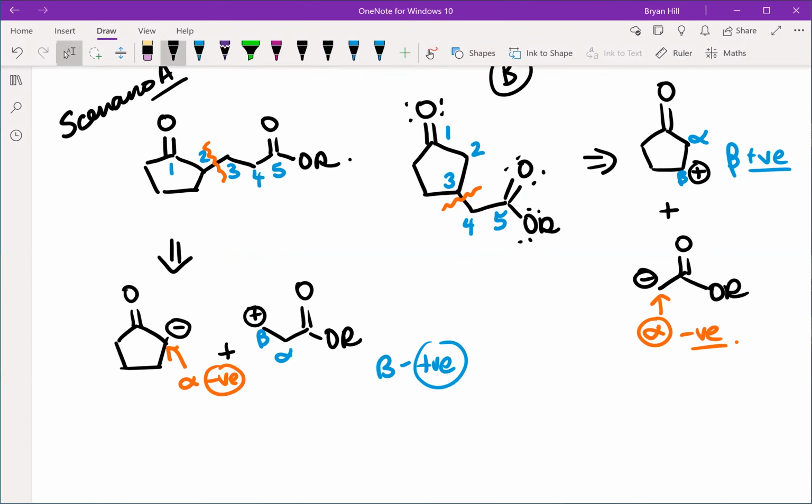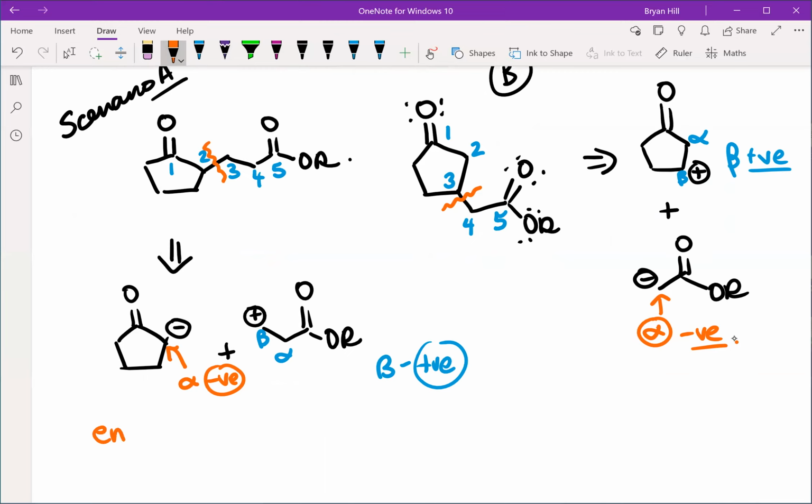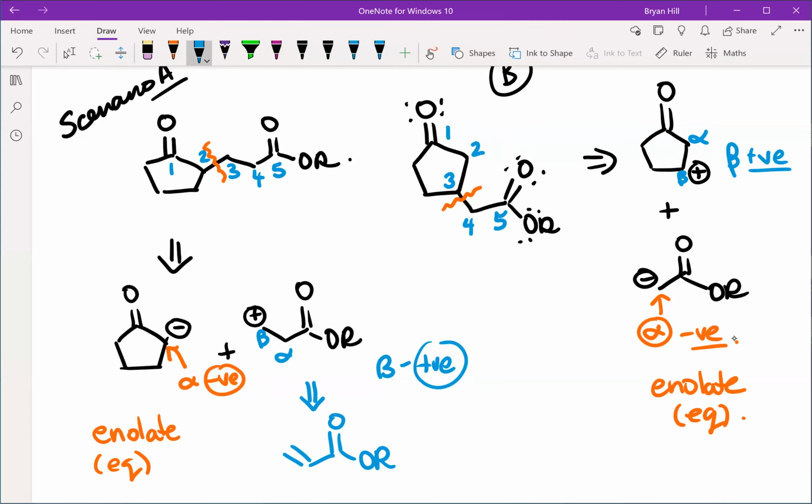So the guys in orange are going to be enolates or their equivalent. And here we will have an alpha beta unsaturated carbonyl.